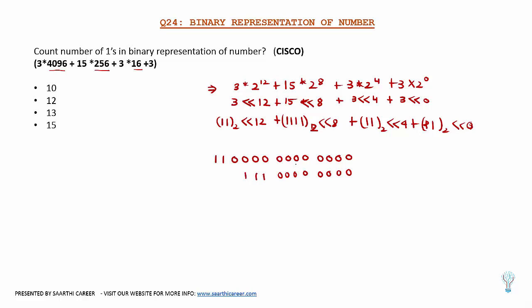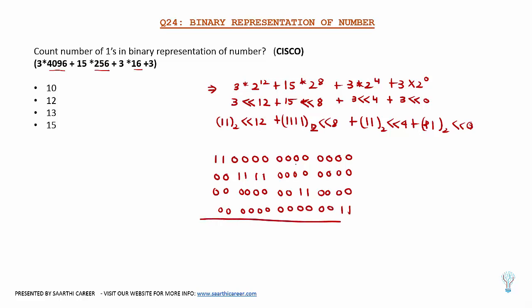And then we have 1 1 left shifted by 4, that is 3 left shifted by 4, so 4 zeros and then a 1 1, and then we can just put zeros in the remaining places. And then finally 1 1 left shifted by 0, so this would just be the number itself, because there is no shift.